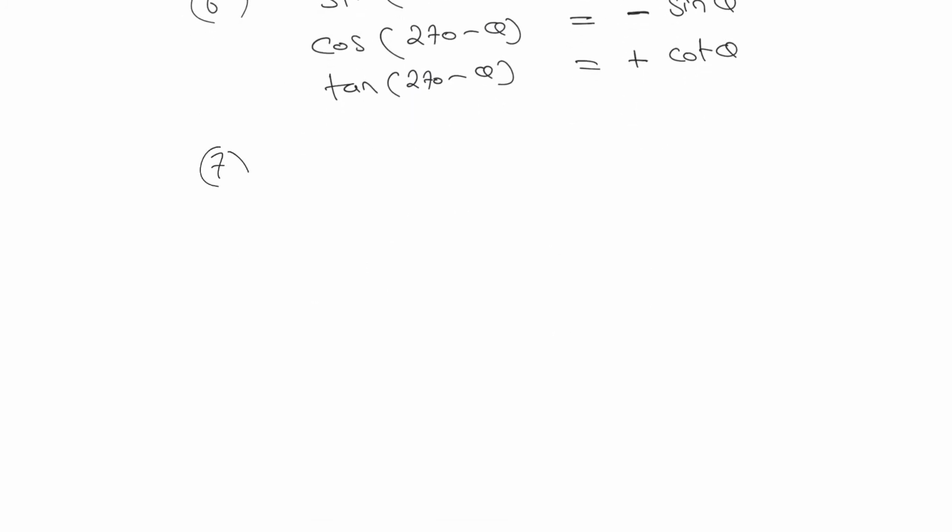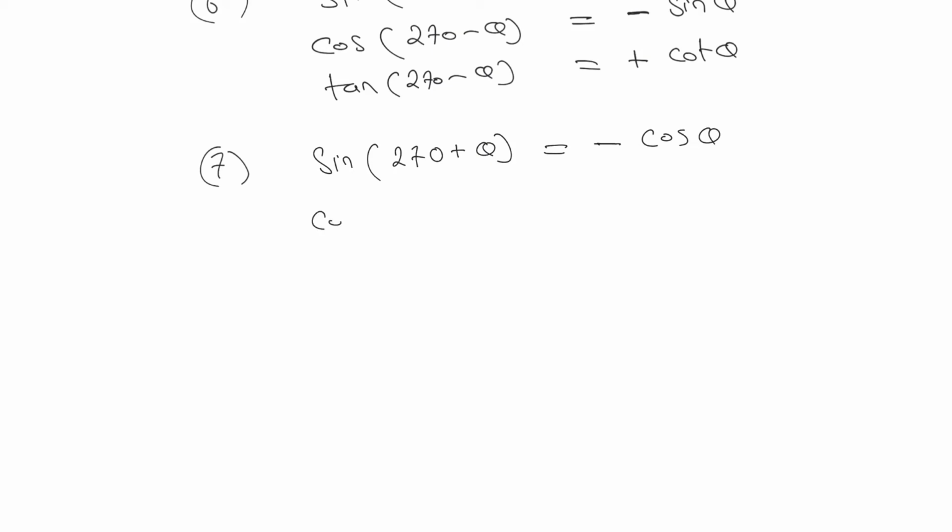Now we can take the next example, that is sine of 270 plus theta. This is in the fourth quadrant, and in the fourth quadrant only cos theta is positive, so sine theta will be a negative value. But since we are adding 270 plus, sine will convert into cos, so the answer will be equal to minus cos theta.